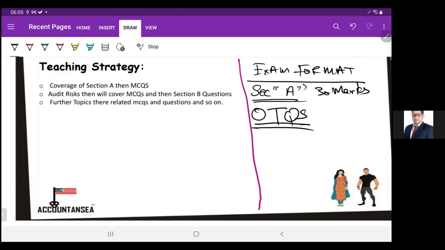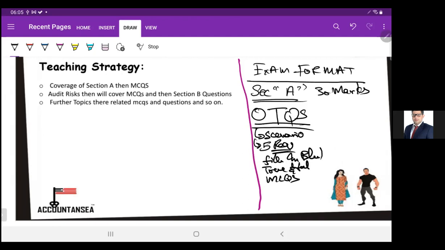That means you will have three scenarios, and each scenario will have five requirements, which can be filling the blanks, true or false, or MCQs, and you have to deal with it, right?